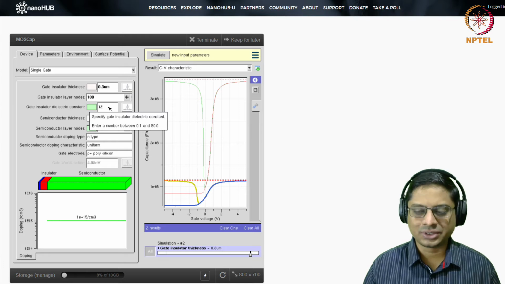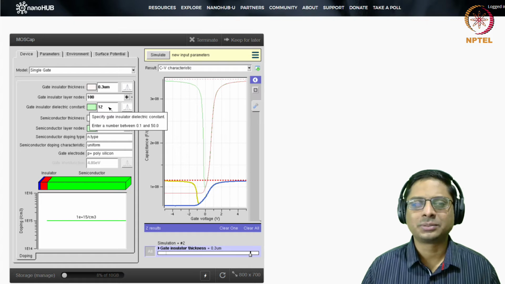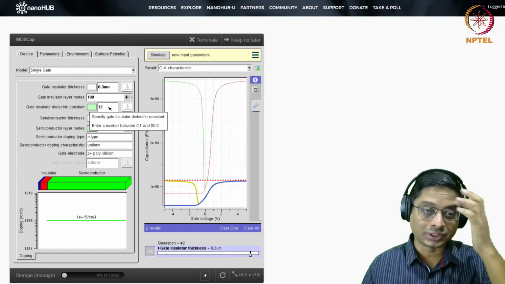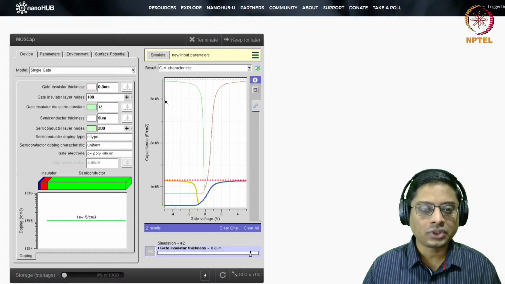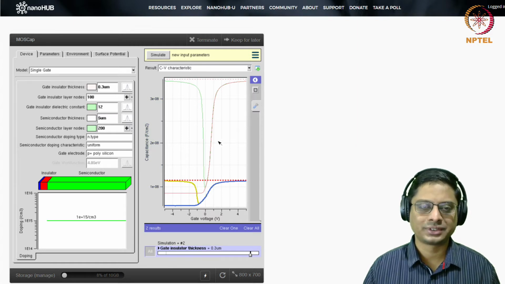For that, you have to actually study polarization and things like that. Effectively, it turns out you can capture the electric response by just one number, the dielectric constant, especially when magnetic response is not important. Okay. Now we increase the dielectric constant by 3 times. Let's see what happens.